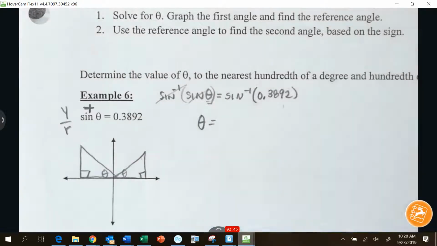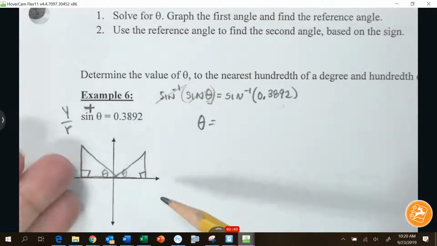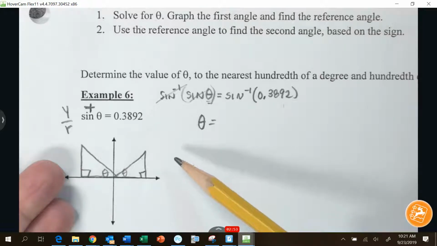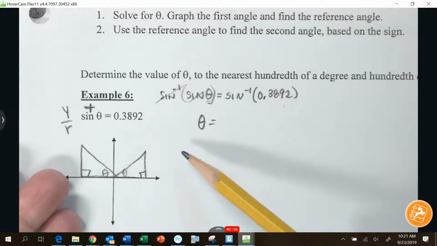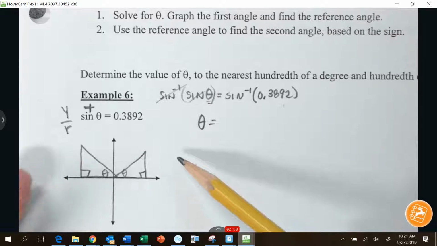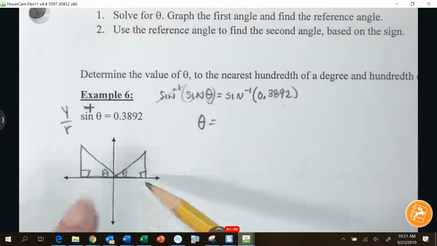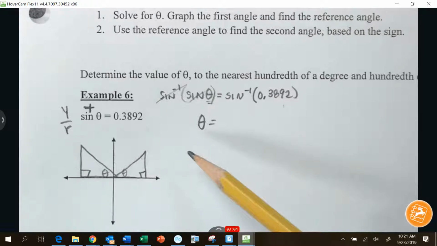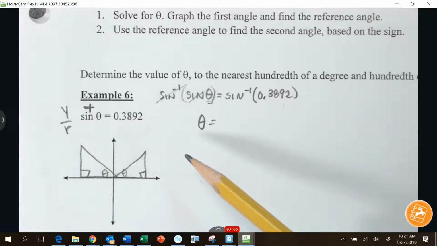I'm going to do this in degrees because as we're just learning it, when we get a degree answer, it will make more sense to us that we are doing it right than getting a radian answer. If I get 300 degrees and I look at my picture, is 300 degrees a possible answer for one of these? No. So I'm going to use degrees, so it's going to help us know that we're doing it right. Okay?